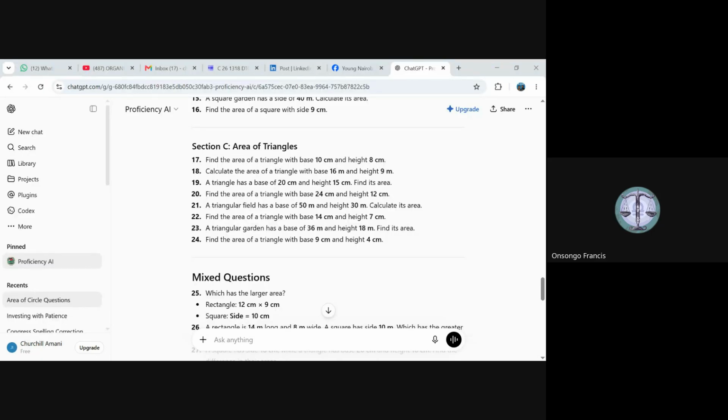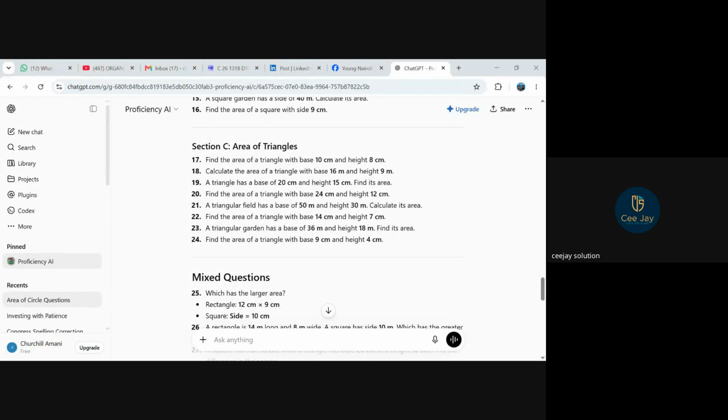Question 24, find the area of a triangle with base 9 centimeters and height 4 centimeters. The formula for the area of a triangle is half base times height, which is half times 9 times 4, we get 18 centimeters squared. Let us appreciate him. Thank you so much.